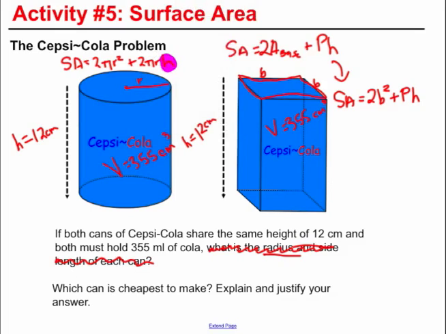Oh, I don't like that color. Of course, I always pick the best colors. I'm given the height for both shapes, and we're going to use the height in the formula. But notice we're not given the radius, which is here and here, and we're not given the side length, which is here, here, and here. So that's what we need to find for both shapes before we solve, okay?